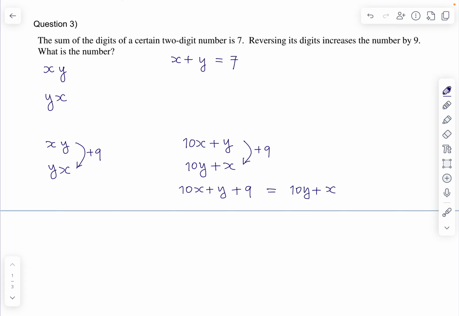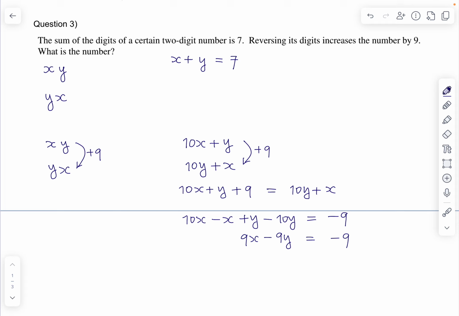Now, if we rearrange everything, we will have 10x minus x plus y minus 10y equals, subtracting 9 from both sides, minus 9 on the right-hand side. If we simplify, we end up with 9x minus 9y equals negative 9.